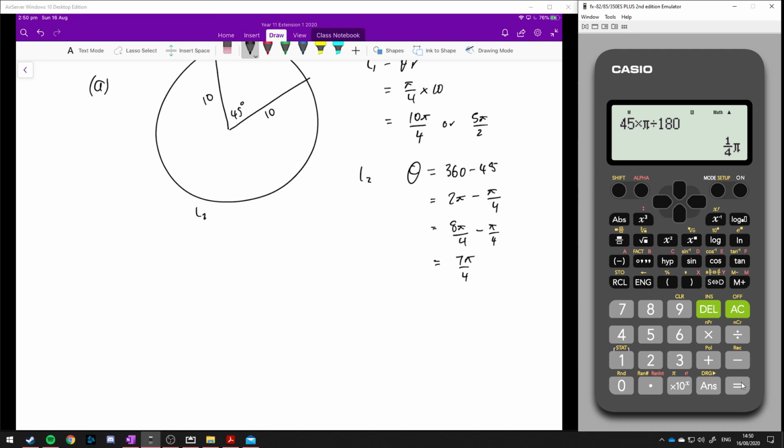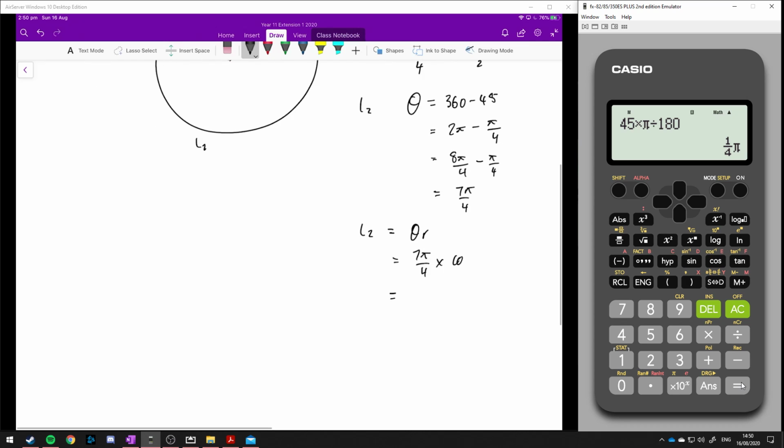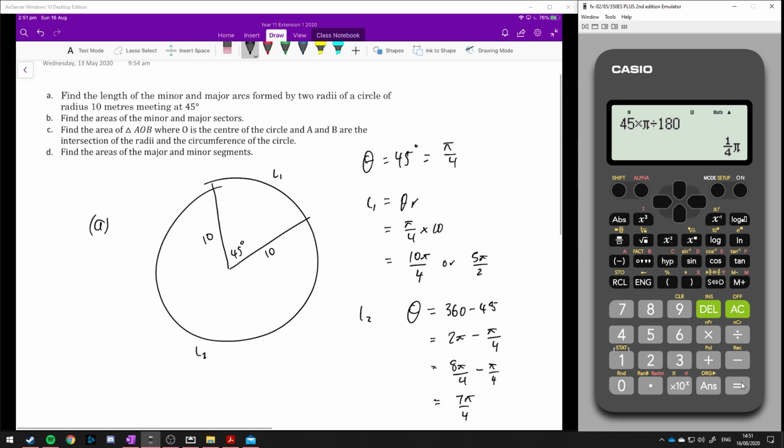So that's what our angle is. So L2 is equal to theta r, or r theta, whichever way you want, which is 7 pi on 4 times 10. So that length is 70 pi on 4, or 35 pi on 2. So there's our two lengths there.